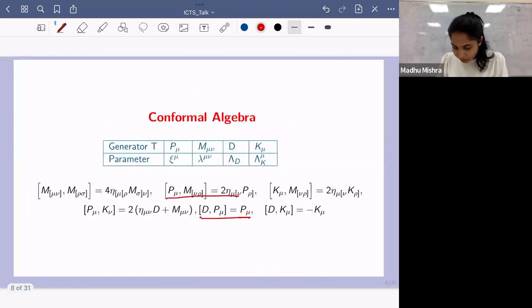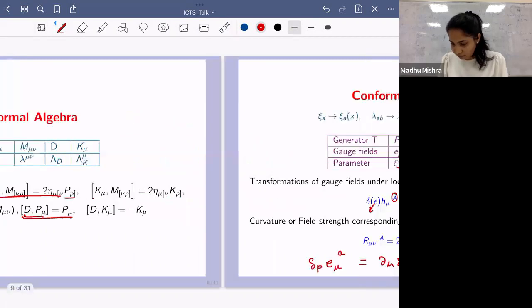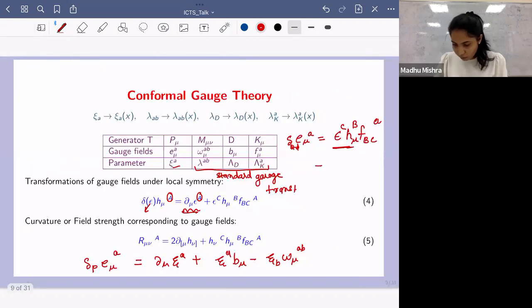Here again, the only thing which will give us translation in the product is omega mu AB and dilatation. So we can write the standard gauge transformation as this.